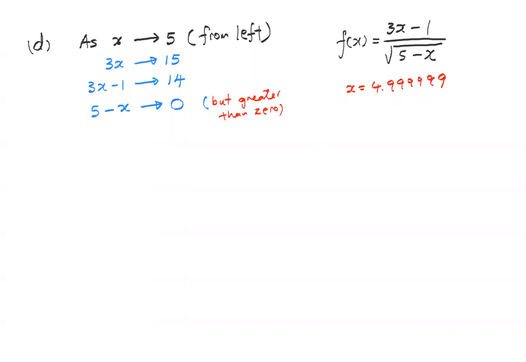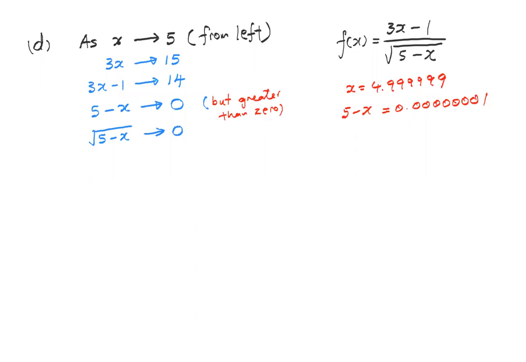So imagine your 5 minus x will be equal to 0.0000000001. Therefore, my square root of 5 minus x will also approach 0, but it's not 0.